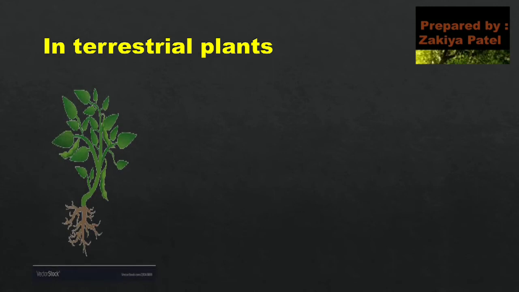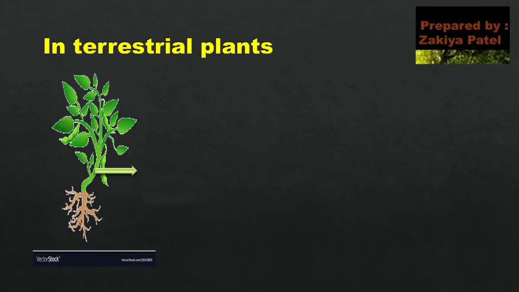The aerial parts of the plants have epidermal cells on the stem and on the leaf also. What will these epidermal cells do? These epidermal cells are specialized in different waxy secretions. It means leaf and stem epidermal cells are themselves secreting some secretions.